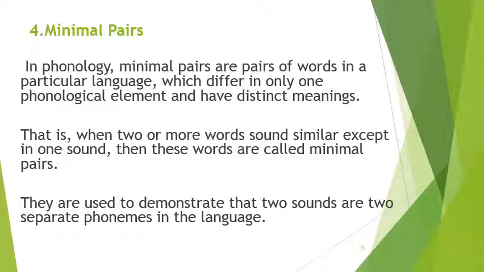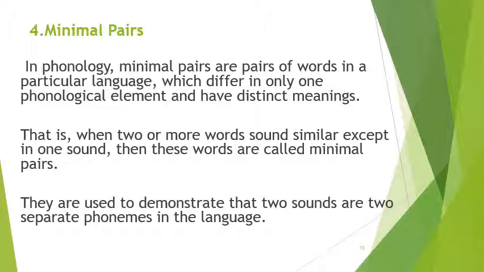They are called minimal pairs because they are pronounced in almost a similar way, but they have different meanings. That is, when two or more words sound similar except in one sound, these are called minimal pairs. In English phonology or any other phonology, you may have some words pronounced in almost the same way, but they differ in one phonological element.